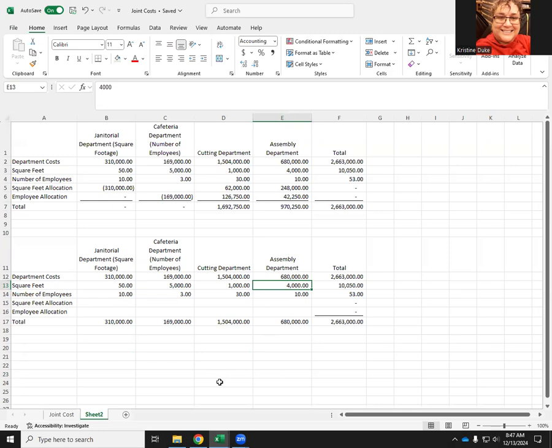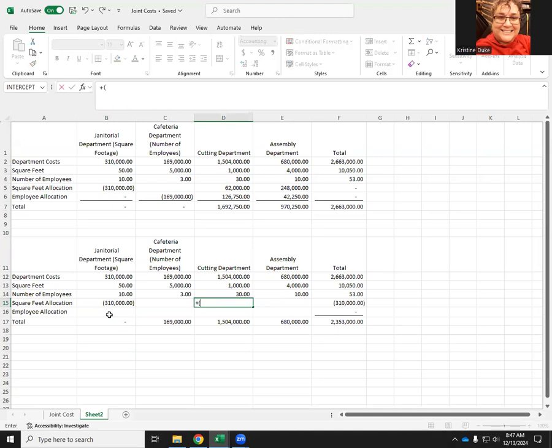So what I'm going to do is this. My square foot, I'm going to allocate out 310,000. Plus, I think I need to do this double, 1,000 plus 4,000.